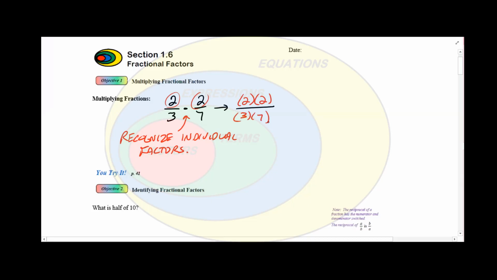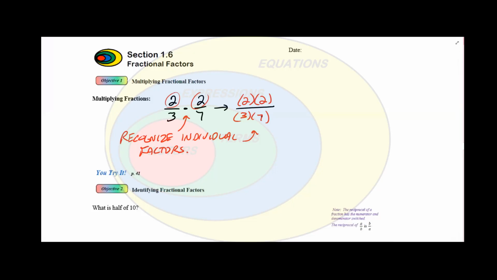Now, when I look at that in terms of composition, how many factors do you see in this expression? Because of the parentheses, I see 4 factors.